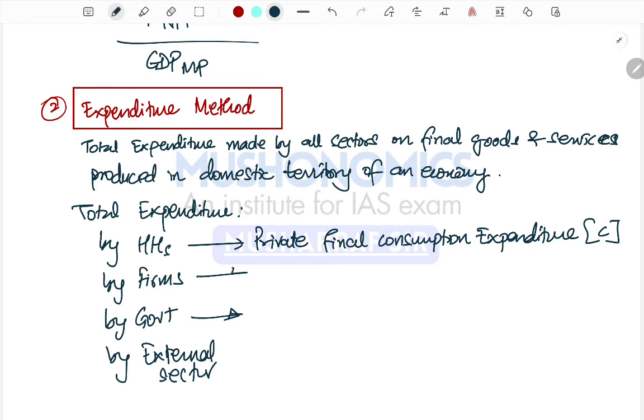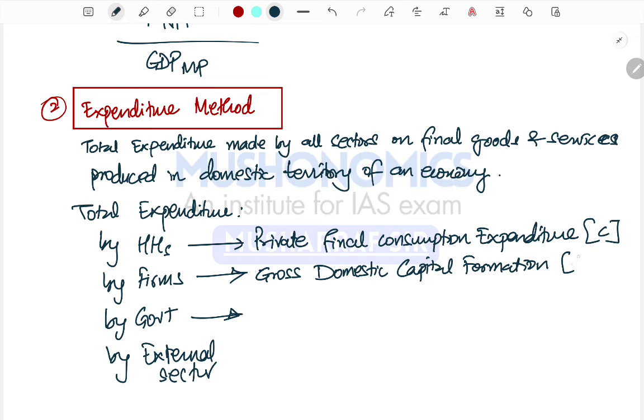Now the expenditure that firms do is known as what? Gross domestic capital formation. It can be gross, it can be net also, but since depreciation is included, we talk about gross domestic capital formation. Because firms will be investing, the expenditure of firms will be investment.